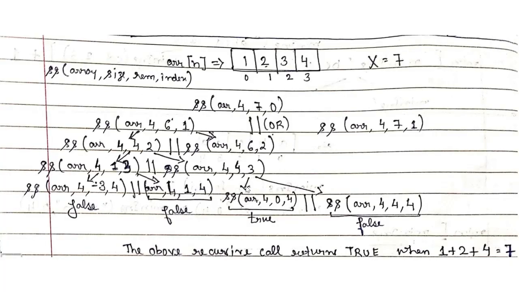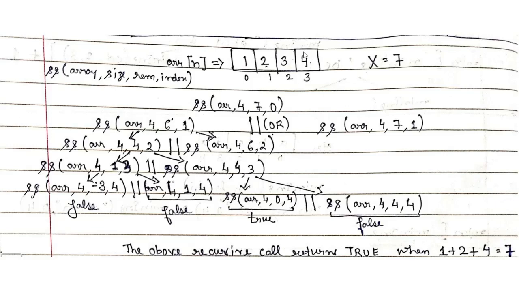Now, which subcall led this subcall to be true? This subcall, subarray 4 0 4. And what is this subcall? It means that I included the element present at index 3, and hence I got a 0 over here. Because if I include the element present at index 3, which is 4, I would deduct that from the leftover sum, and I would be left with 0, and hence this subcall returned true to me.